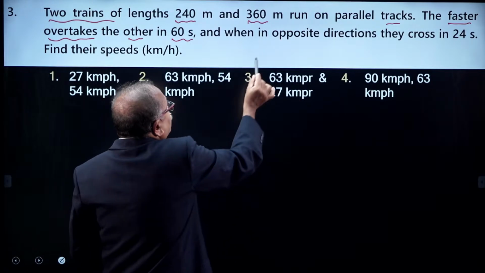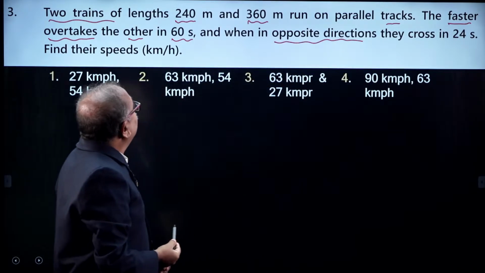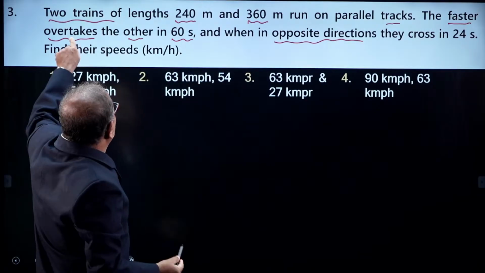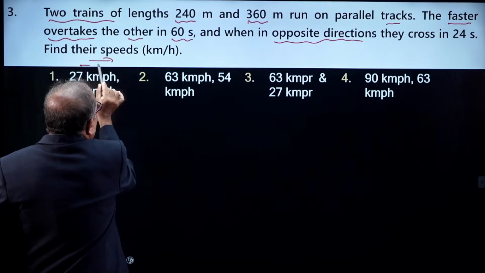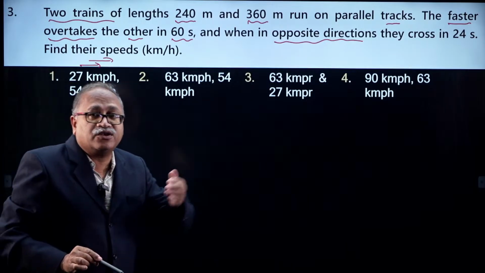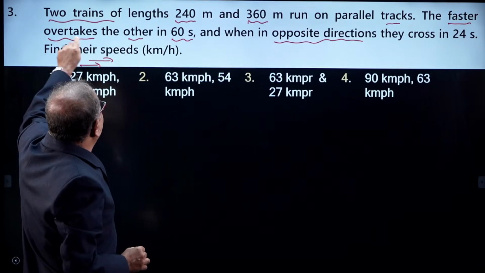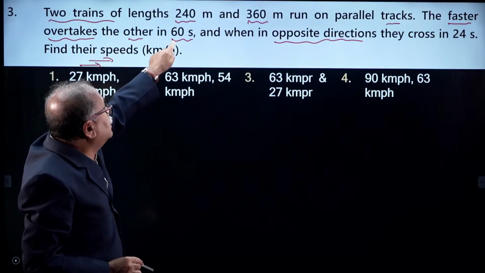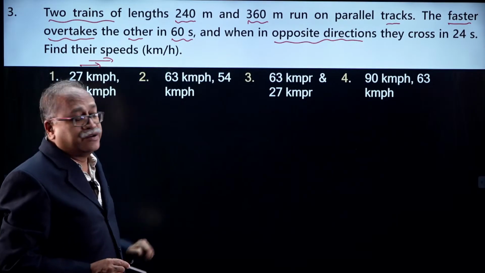Overtaking is when they are moving in the same direction, then only we call it overtaking. So, in this case, when they are moving in the same direction, the faster train overtakes the slower train in 60 seconds.